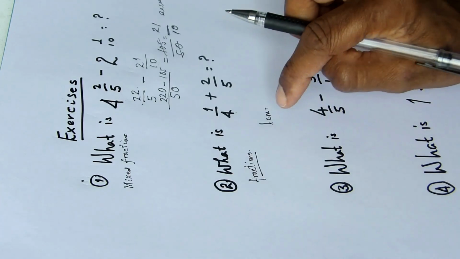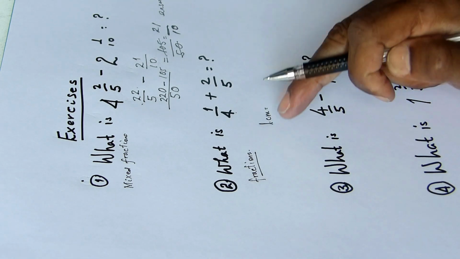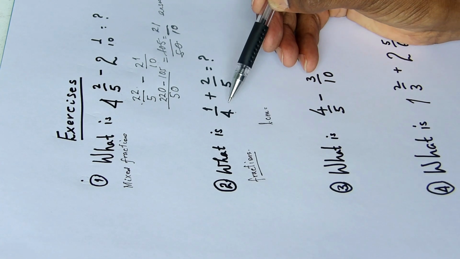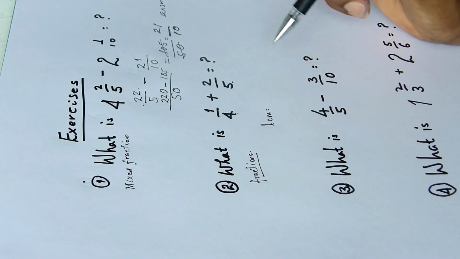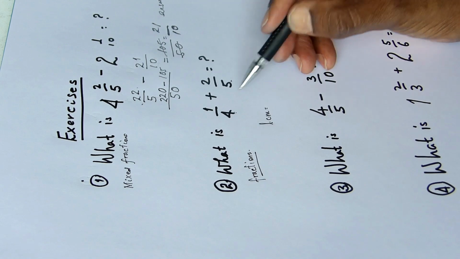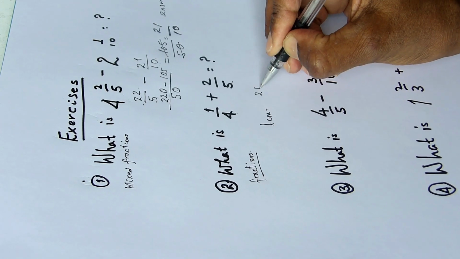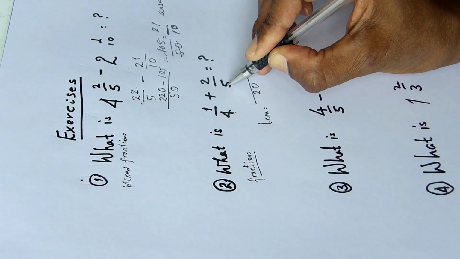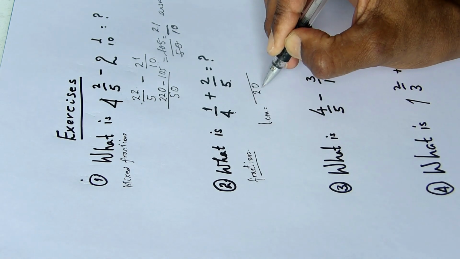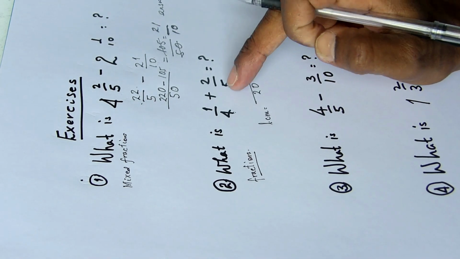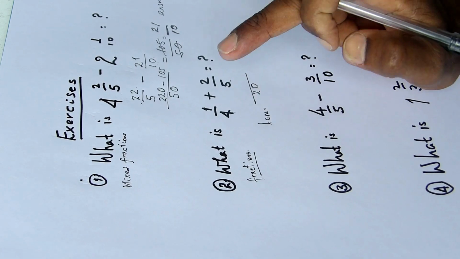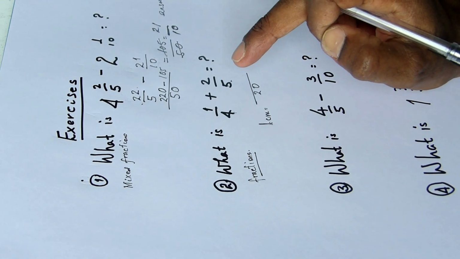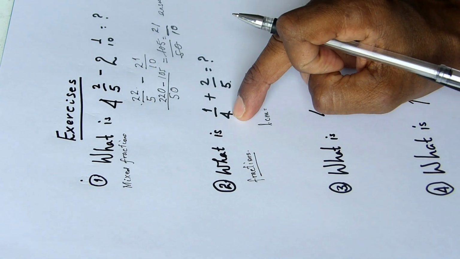LCM is the least common multiple, a number that can divide both at the same time. That is 20. Simply multiply this by this, and it's 20.